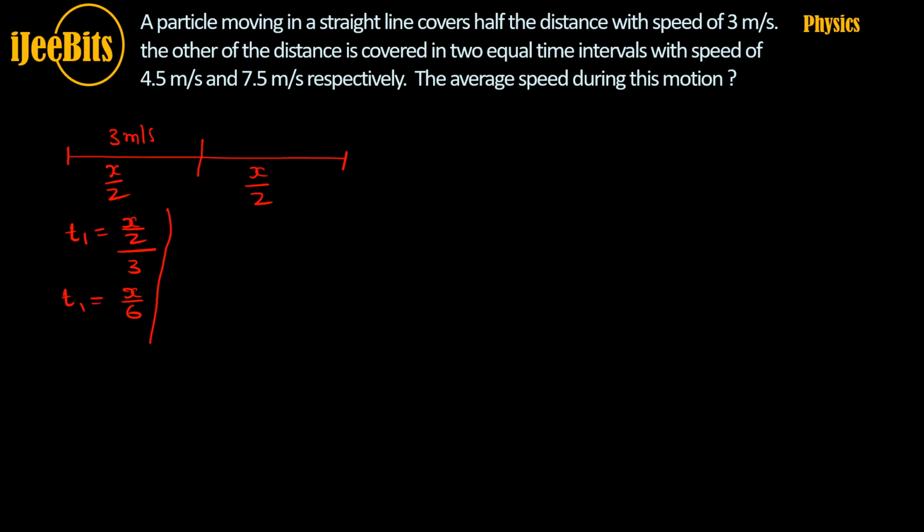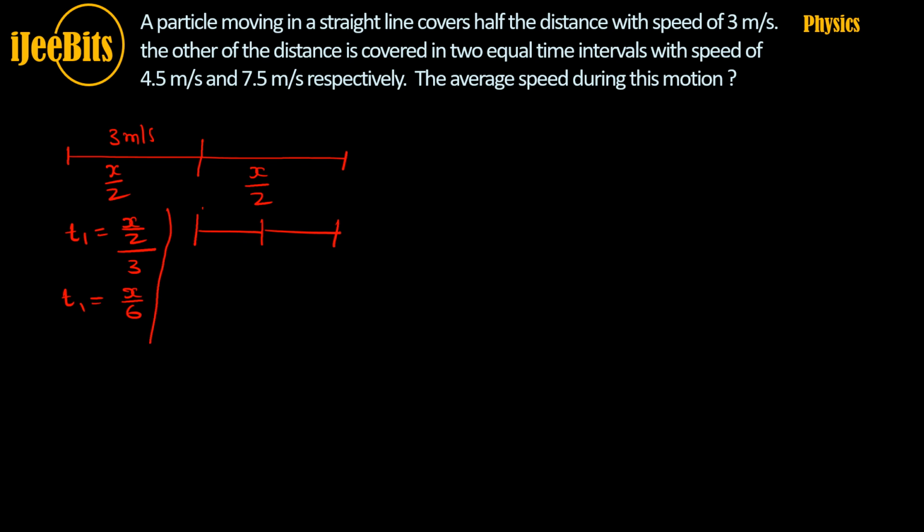Now look at this second half. There is a condition, right? The distance is covered in two equal time intervals with these speeds. So there is a small portion split. Same times.